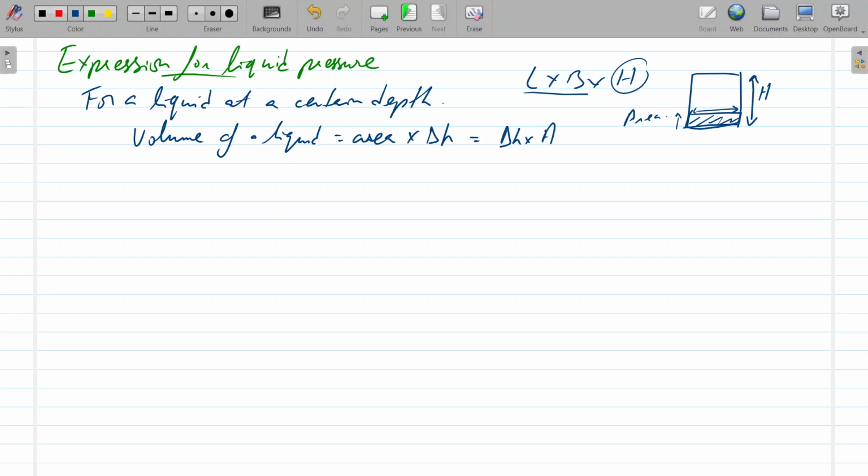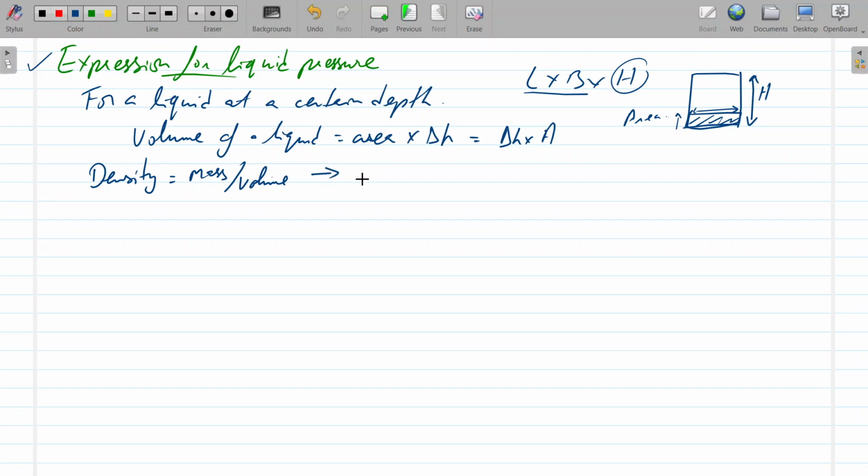Now, that is the volume of the liquid. This is how they're coming to the expression, through steps. Next, we know that density is mass upon volume. Density equals mass divided by volume.